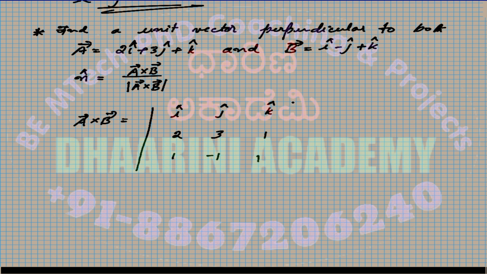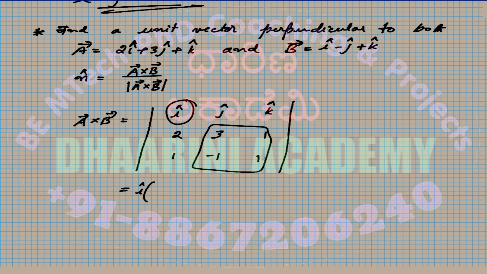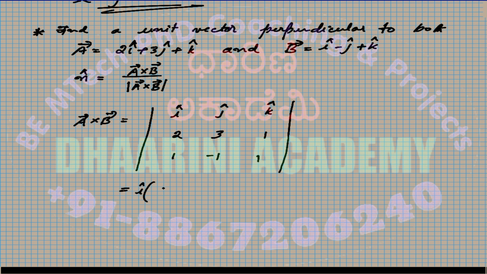So for i cap, we use these four: 3 into 1 minus -1 into 1. So 3 into 1 is 3, minus -1 into 1 is -1, so 3 plus 1.